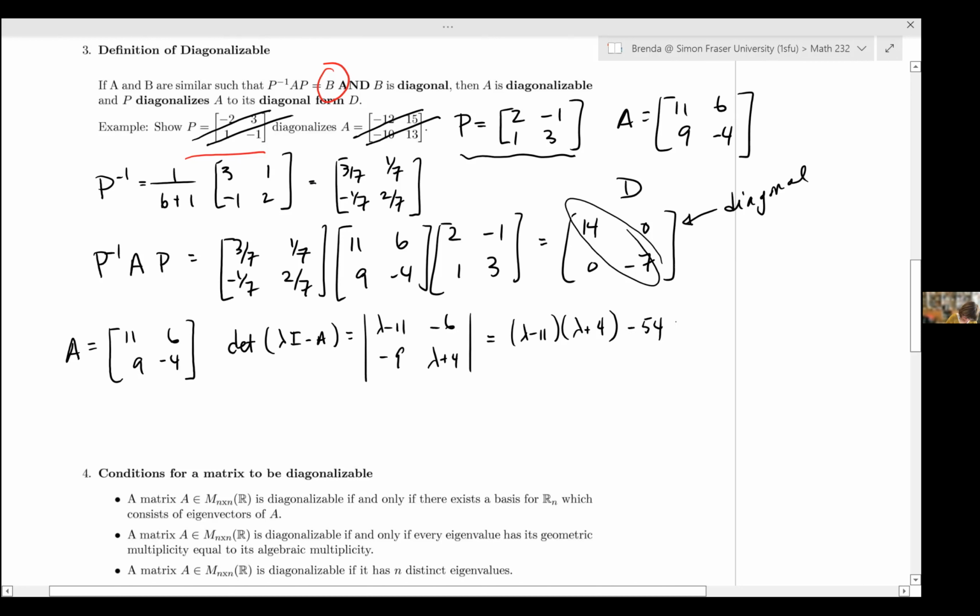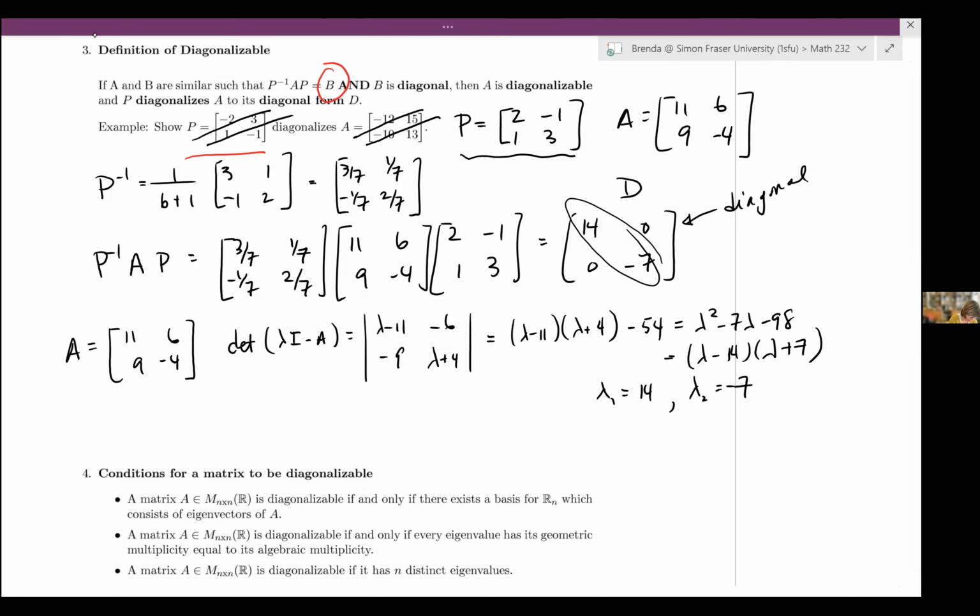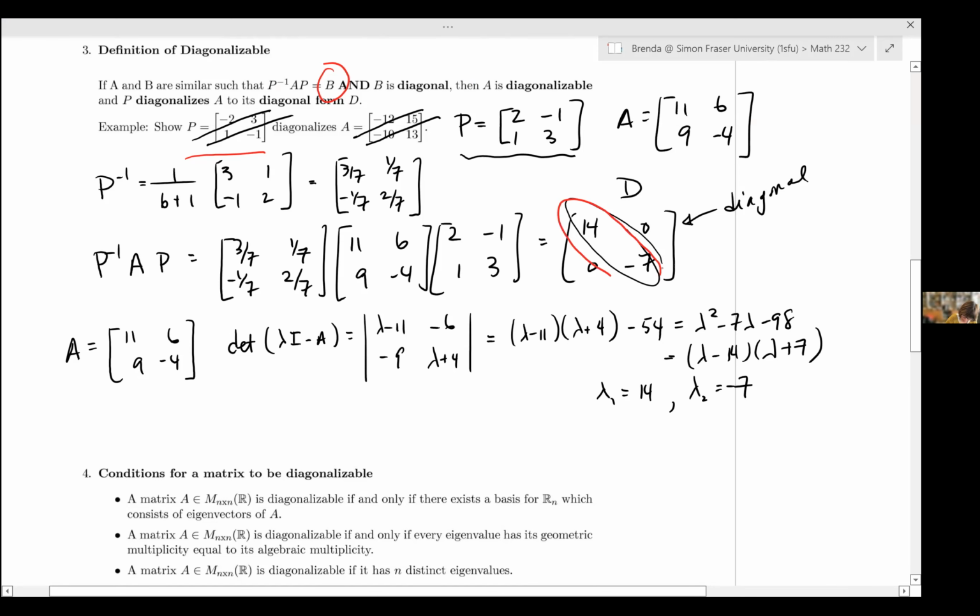I have that then becomes lambda squared minus 7 lambda minus 98. And that is lambda minus 14 and lambda plus 7. Okay, so we see that the eigenvalues of A are lambda 1 is equal to 14 and lambda 2 is equal to minus 7. Those numbers should look highly familiar. They're right here. Okay, so those two numbers are the eigenvalues of A.